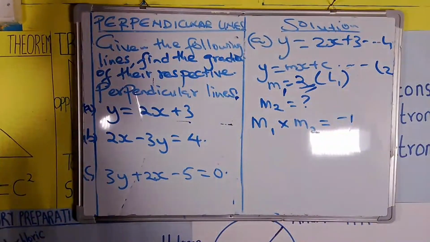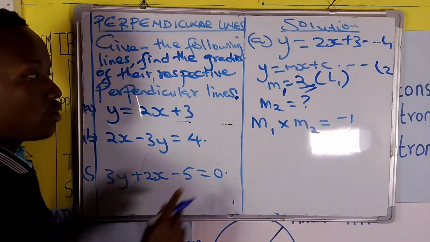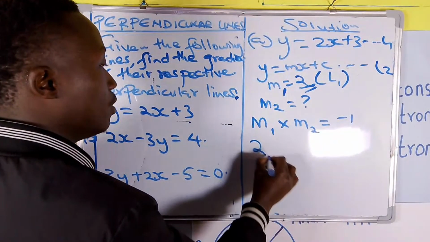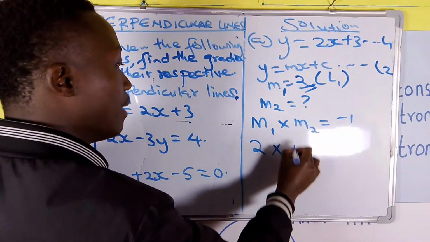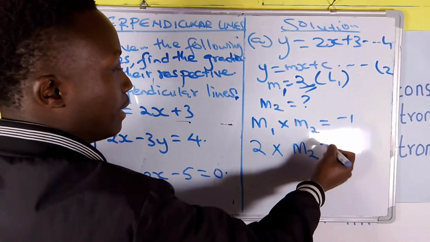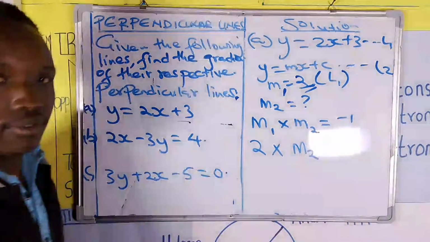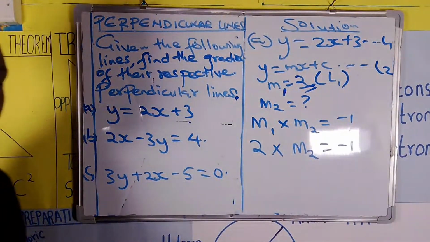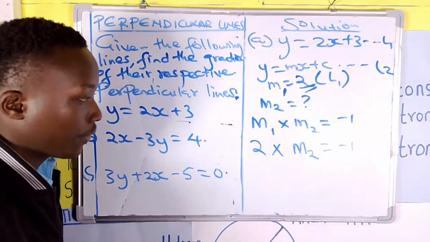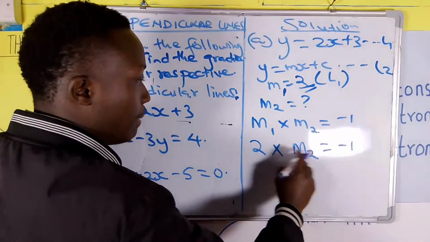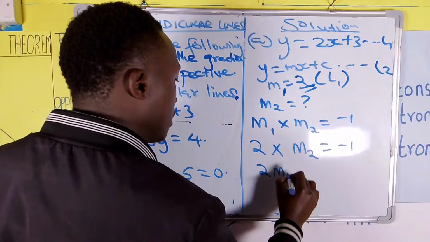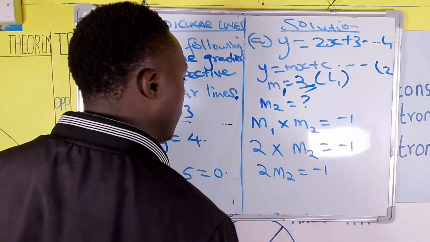So 2 times m2 is equal to -1. We take 2 multiplied by m2 to give us 2m2 is equal to -1.